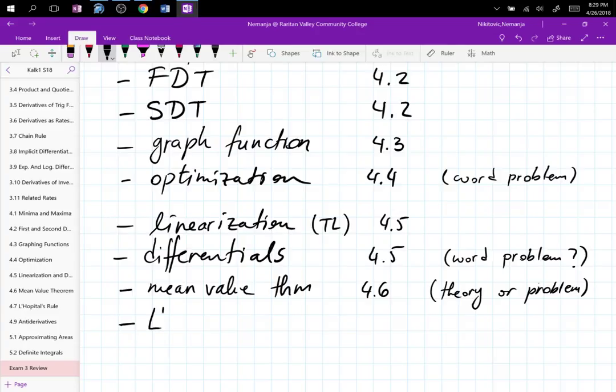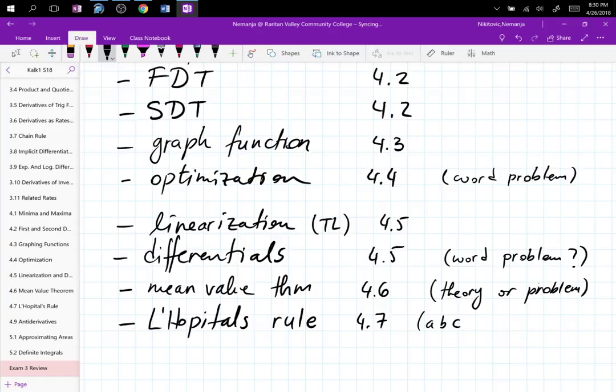L'Hopital's rule. This is 4.7. This is the multiple part question. AB, ABC. You have to put that one on? I don't. But see, you can skip it and replace it with something else.